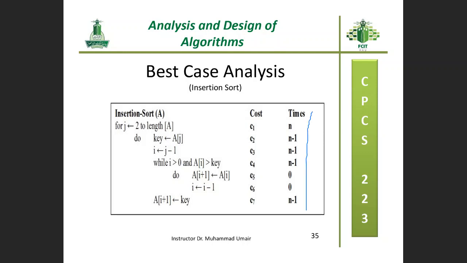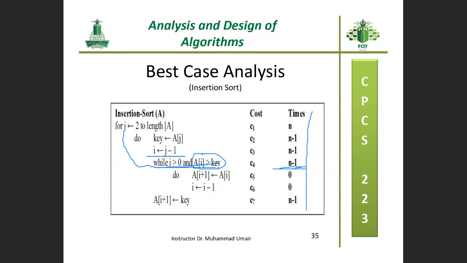In the best case scenario, this while condition will always be false for every iteration because the data is already sorted. So this statement will execute only once, and because it is part of the outer for loop, its number of iterations will be equal to the statement coming before it, the assignment statement where I assign i = j minus 1. Is that clear?